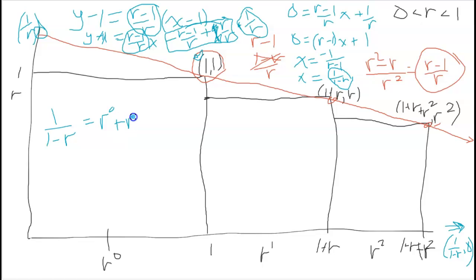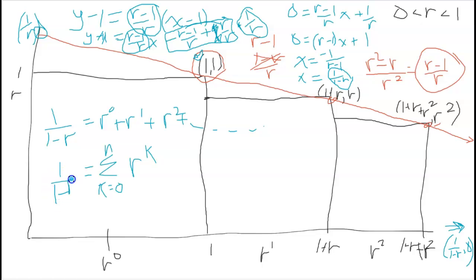plus r to the power 1 plus, hey, this is exactly what we wanted, right? This is the summation from k equals 0 to n of just plain old r to the power k, and the total was 1 over 1 minus r.